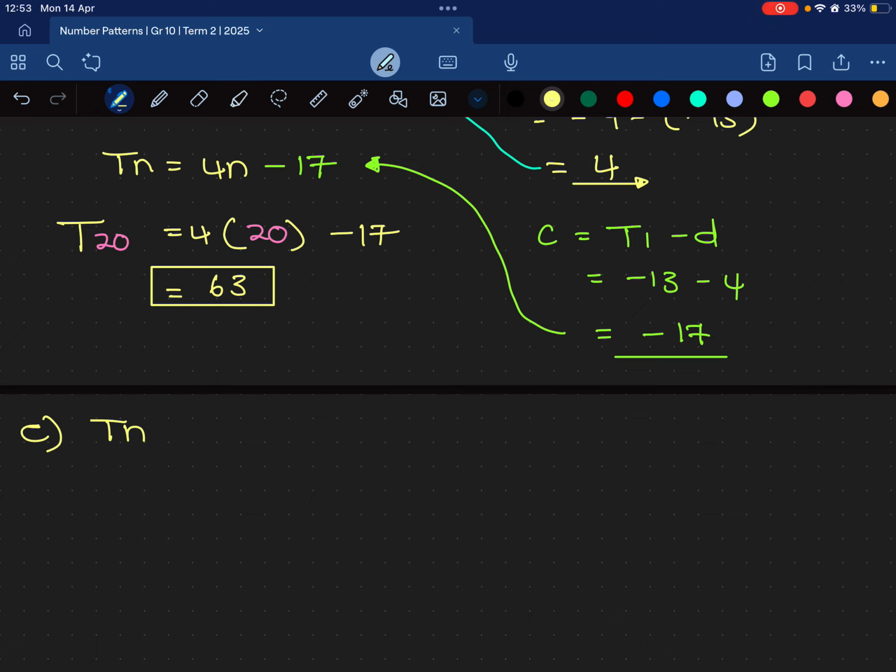If I know that Tn is every term, or any possible term, they are basically saying, where is the first positive Tn value? So we want to know where Tn is going to be greater than 0, because we want a positive number or positive term.